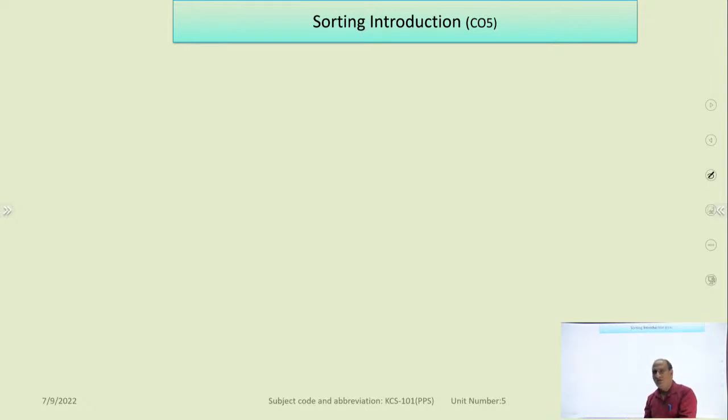We have to move only a smaller number of elements to the RAM and perform the sorting operation. That type of sorting is called external sorting. Here we will focus on three sorting techniques, all of them internal sorting: bubble sort, selection sort and insertion sort.